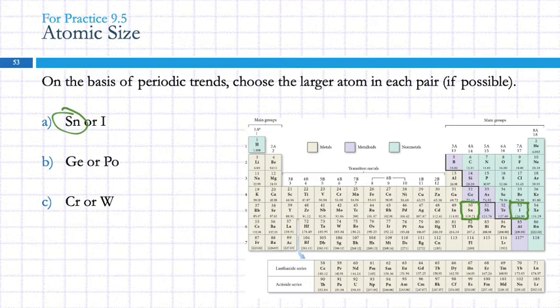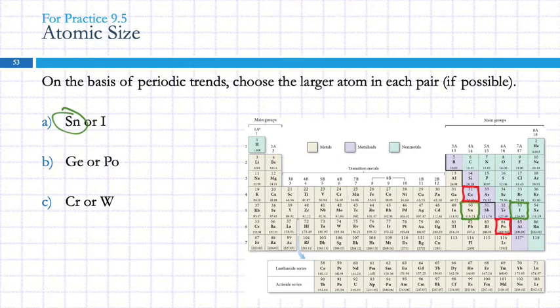Let's do another one. Germanium or polonium. And to answer these, you don't need to know what the names of the elements are. You just need to find the symbols on the periodic table. Where'd you go, Po? There's Po. Well, these are in different groups and different rows. So we have two trends to think about.